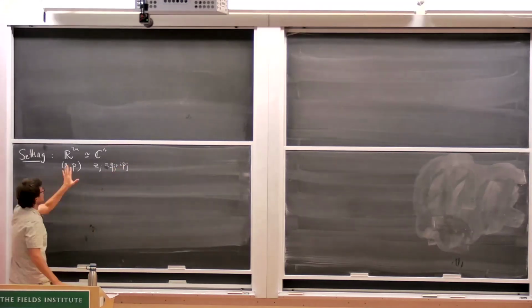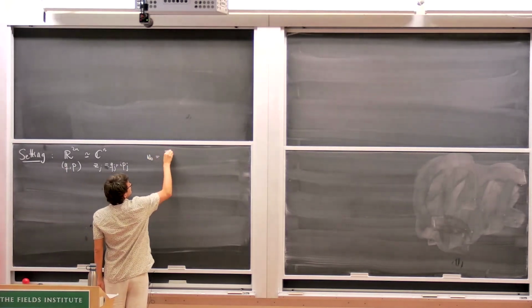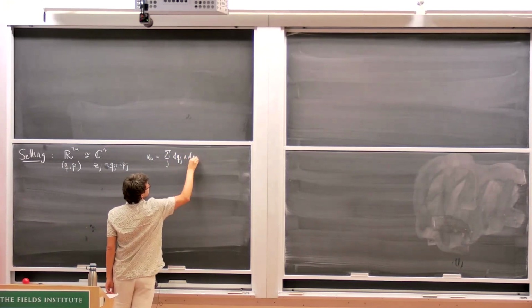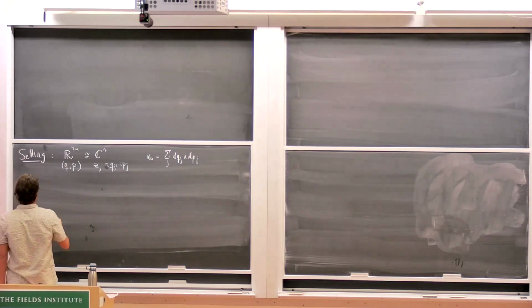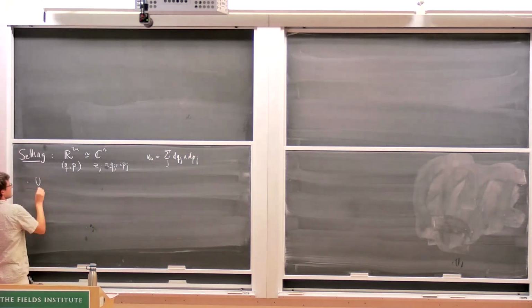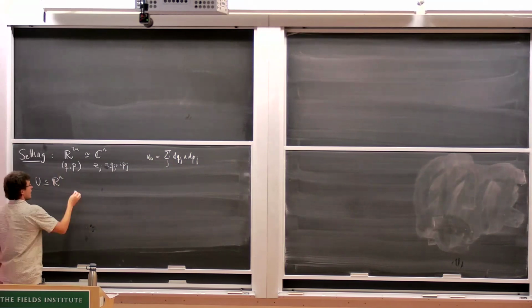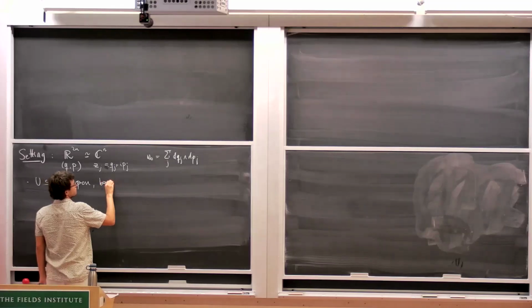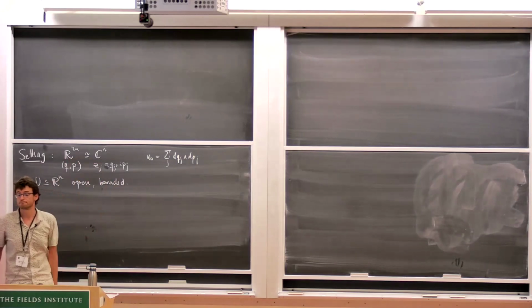And I will only have one symplectic form, which is the standard symplectic form. There'll be a lot of sets in R^{2n}, and every set that I will talk about is open and bounded. So I will not say that time and again.